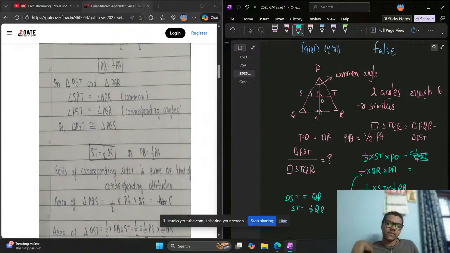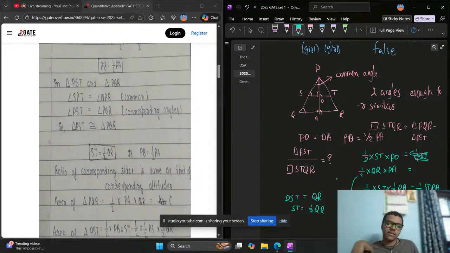So substitute it over here. 2ST into PA, 2 cancels ST into PA. This is 1 by 4 ST PA.